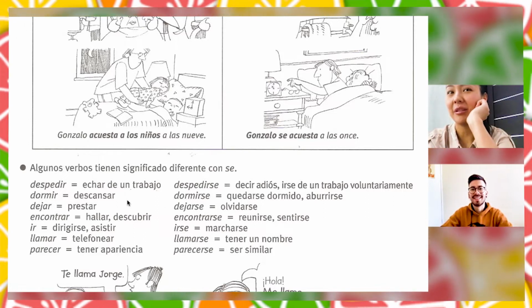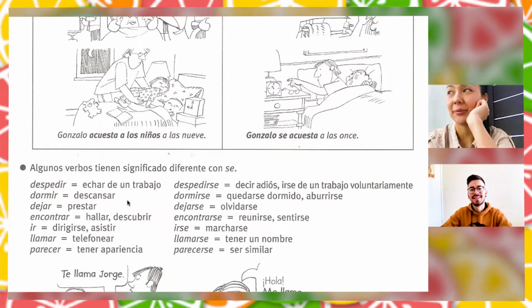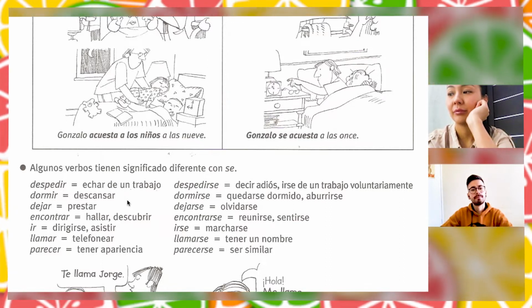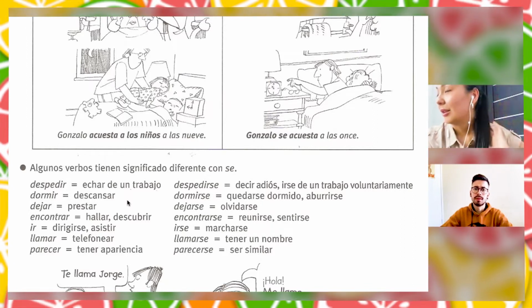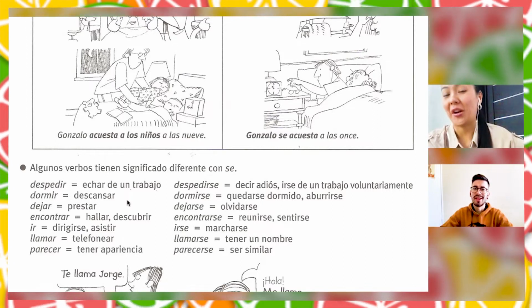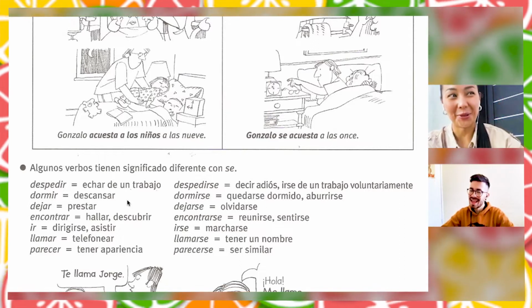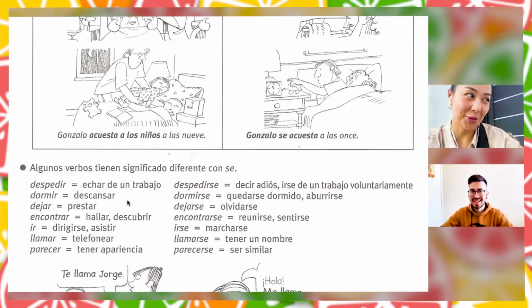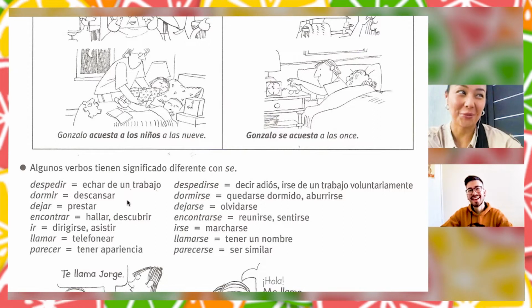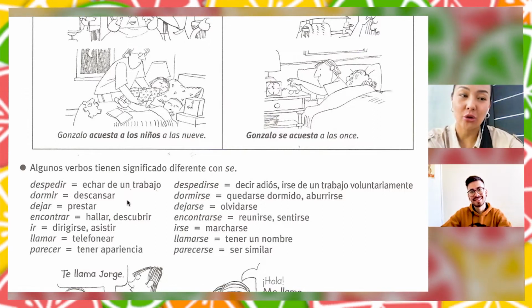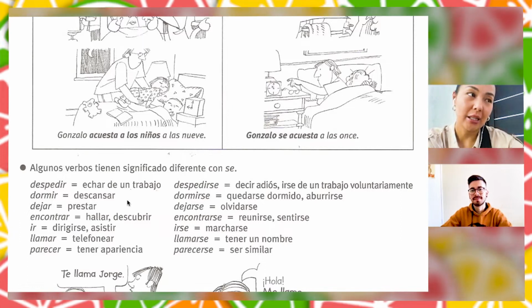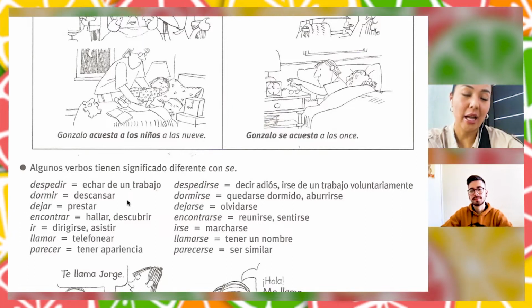Yes. And for me they are exceptions. Maybe not exceptions. I just share my point of view, dear professor, if you let me. For example, before you said lavar, I wash somebody, and lavarse, I wash myself.